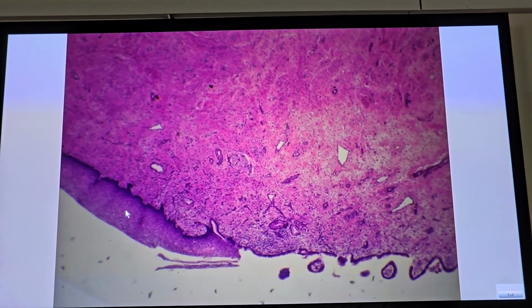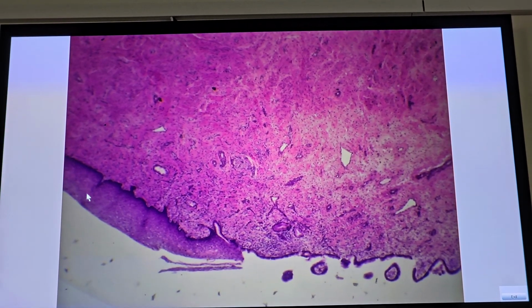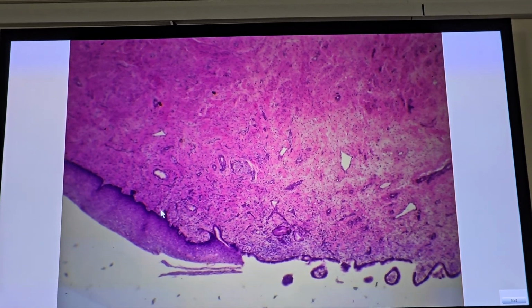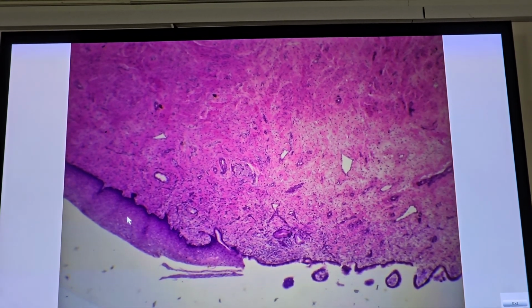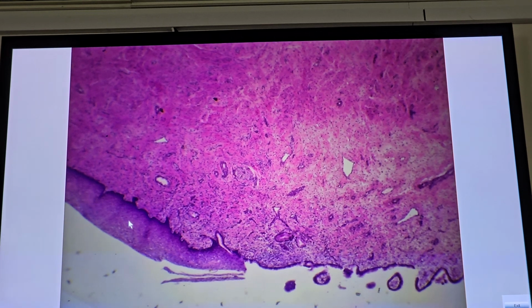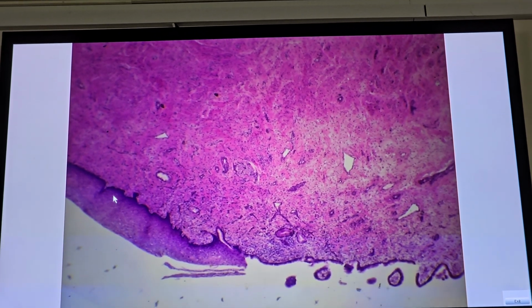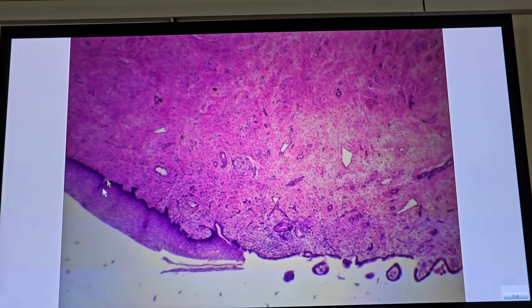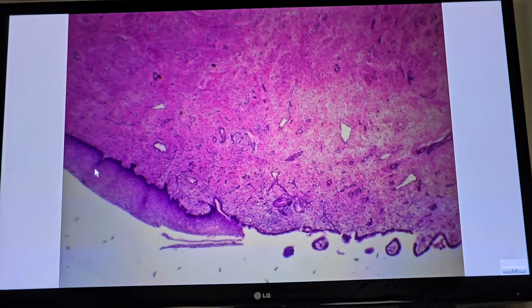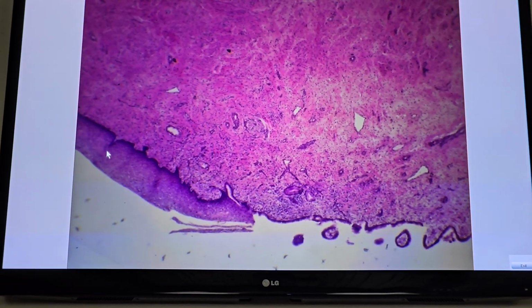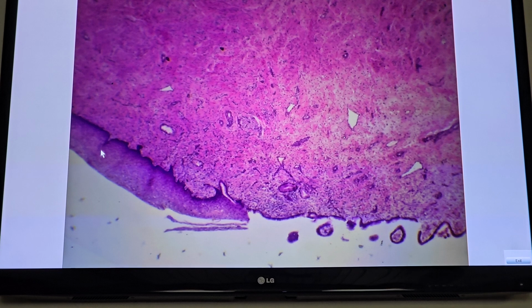This side of the cervix called exocervical mucosa, consisting of non-keratinized stratified squamous epithelium. This region lacks glands, cervical glands. Exocervical mucosa continuous with the epithelium of the vagina.